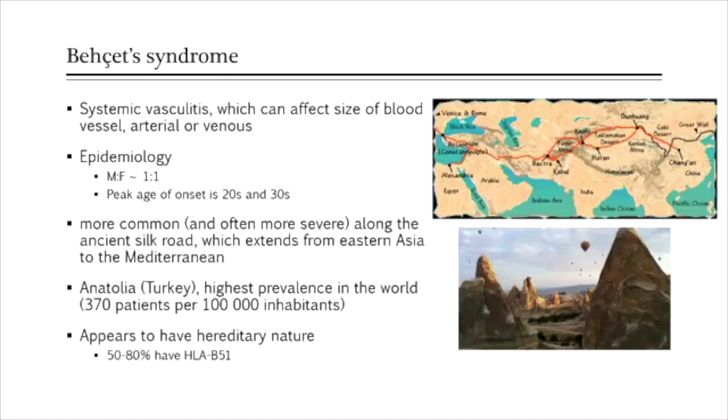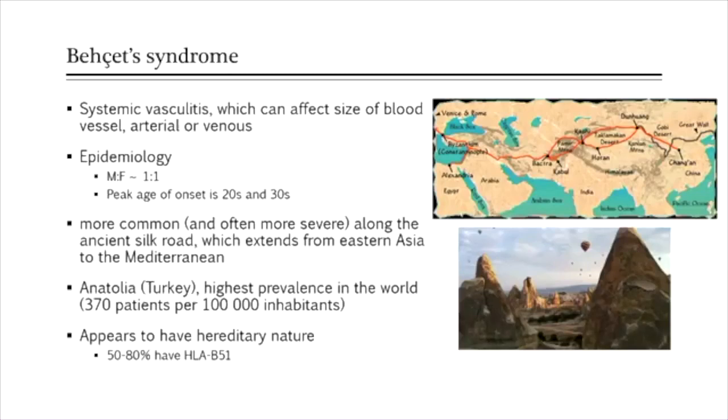It's equal prevalence in the sexes, and it typically onsets around the same age as RAS, and maybe a little bit later. It's found not only in Turkey, but along what we call the Silk Road. So we can definitely see it in Eastern Europe and the Middle East. It's much more common.